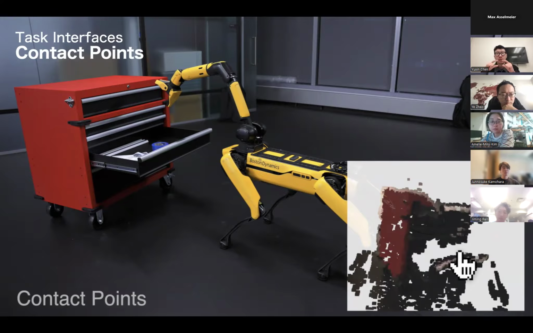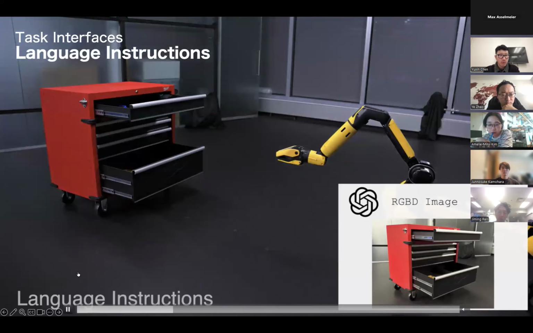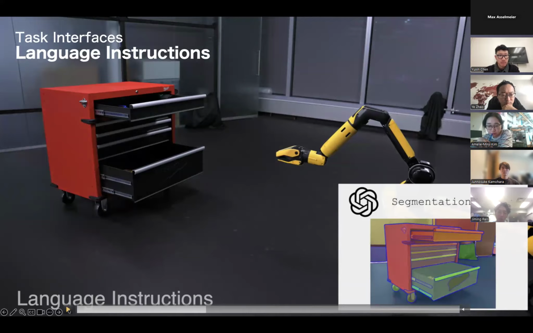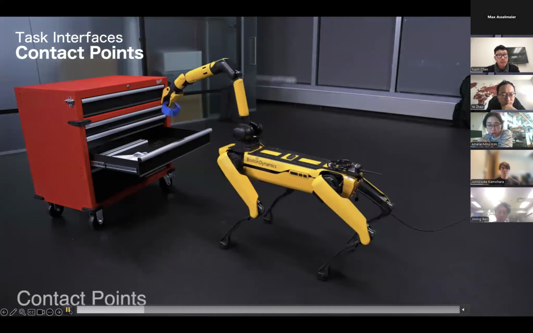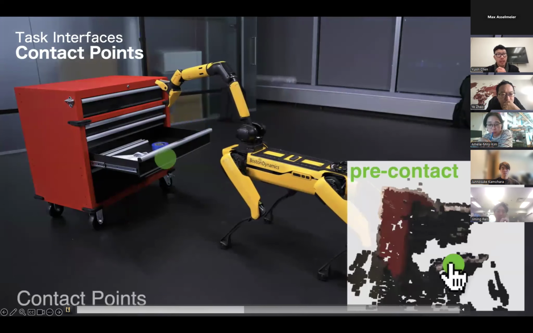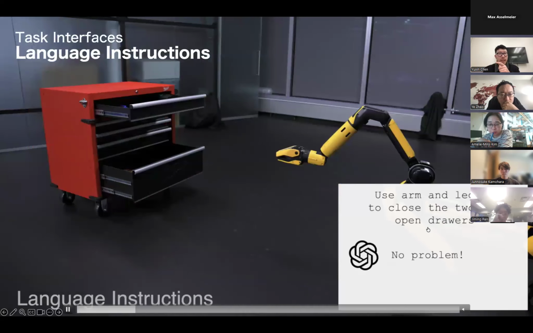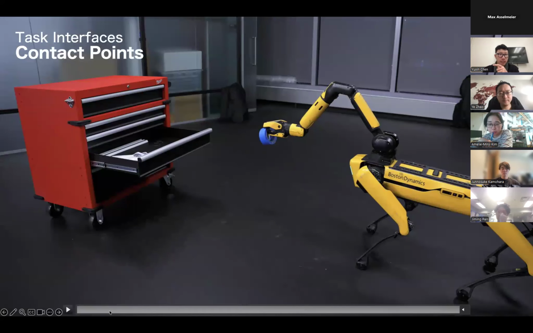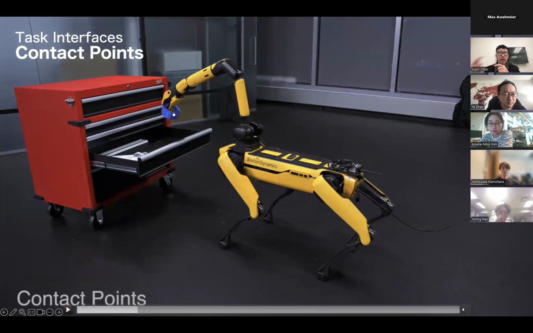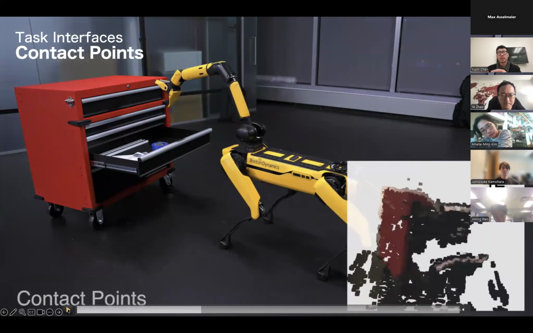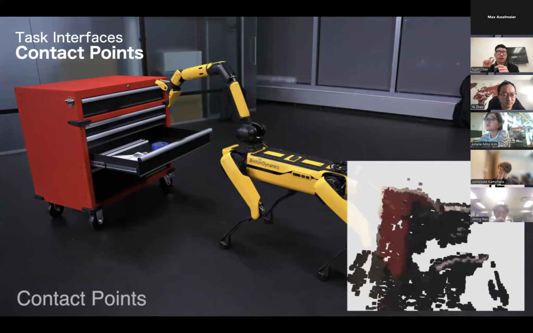At the beginning of the task, we capture an image, and then we convert it into a 3D point cloud, and then we provide an interactive interface for the user to specify the contact points you want the robot to interact with. Once we have specified the contact points, the robot will linearly interpolate a trajectory from the current pose to the desired contact pose, and then do the following task.